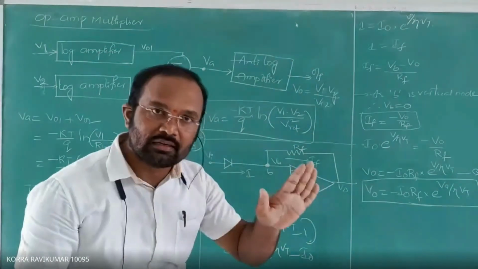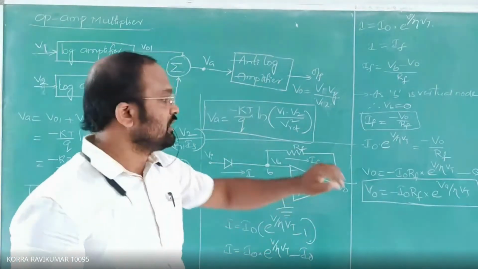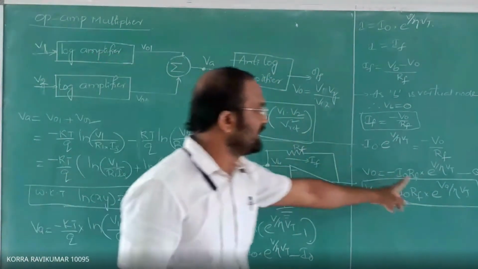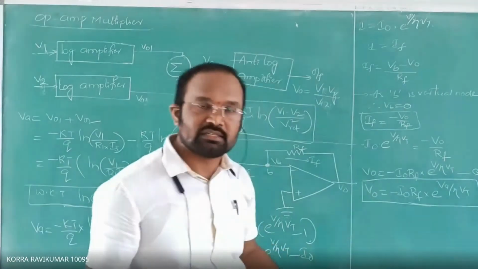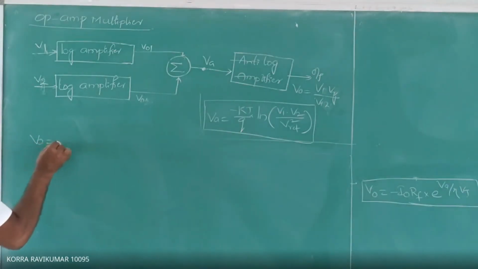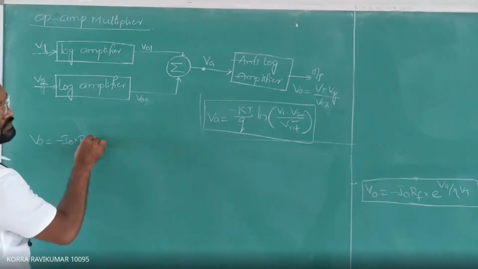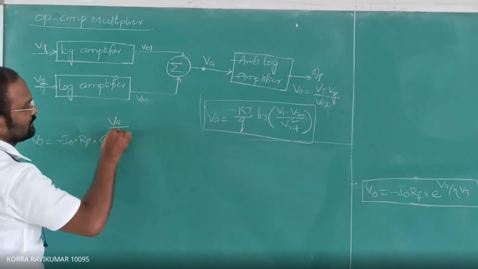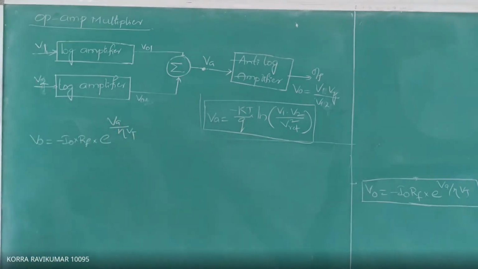But the thing here is, we know the value of VA. Substitute this VA in this expression. So V naught is equals minus I naught into RF into e power VA by eta Vt. This is what we got.